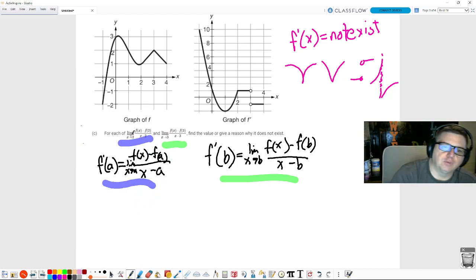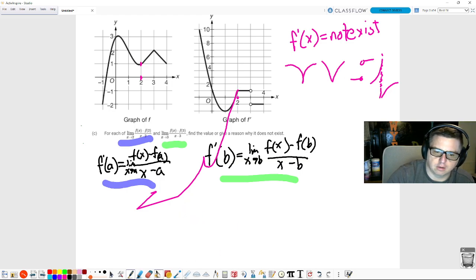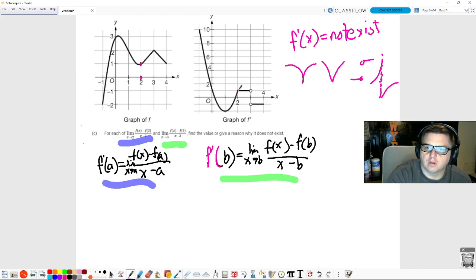So first value we want to look at is x equals 2. And if we look at x equals 2, we can see it's right here. But also look right here. And what happens at 2? Is there a derivative there?